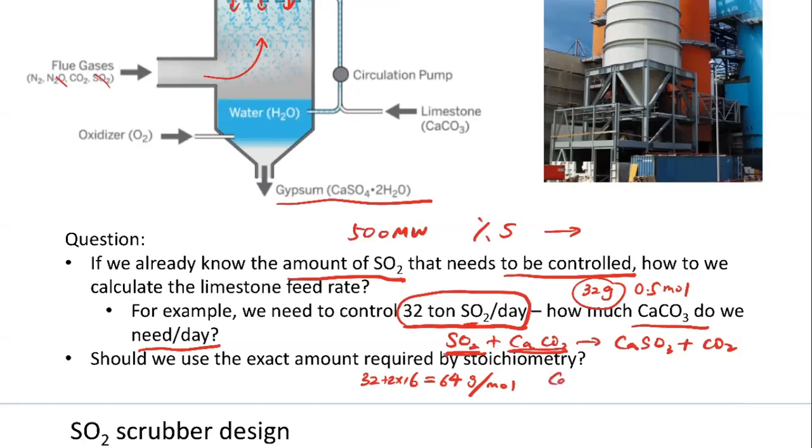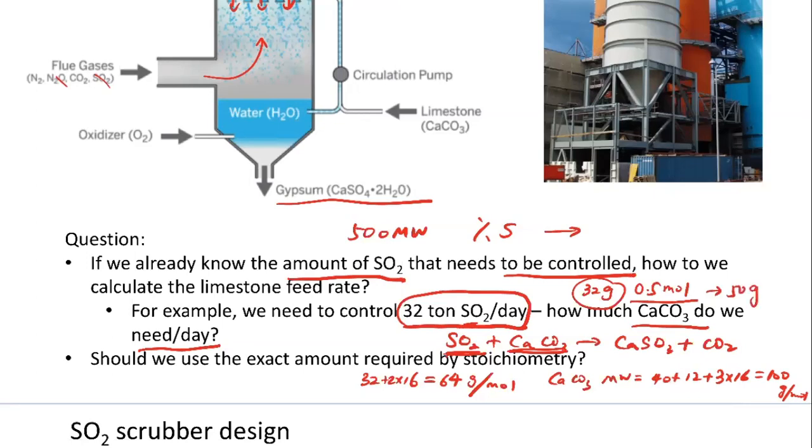For calcium carbonate, the molecular weight is 40 plus 12 plus 3 multiplied by 16. That's 100 exactly, okay? So if we react with 0.5 moles of calcium carbonate, the weight of the calcium carbonate is going to be 50 grams.